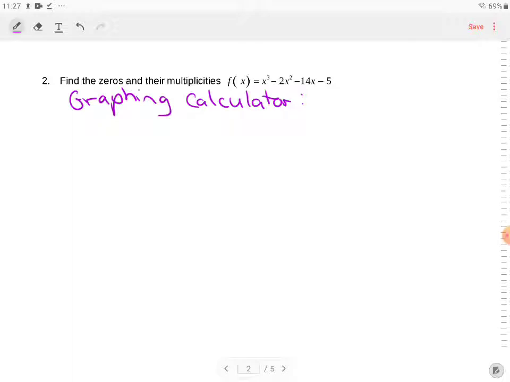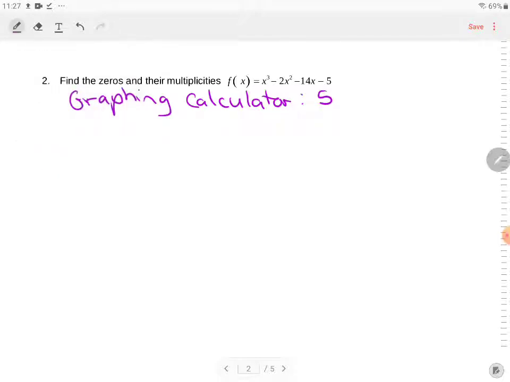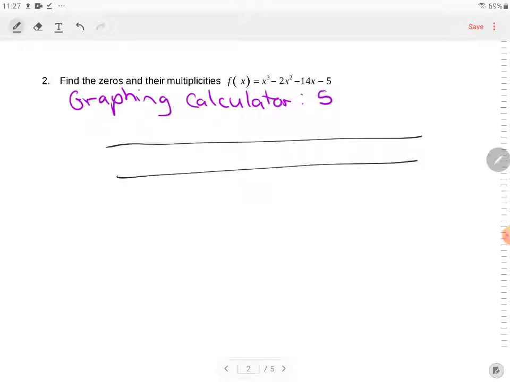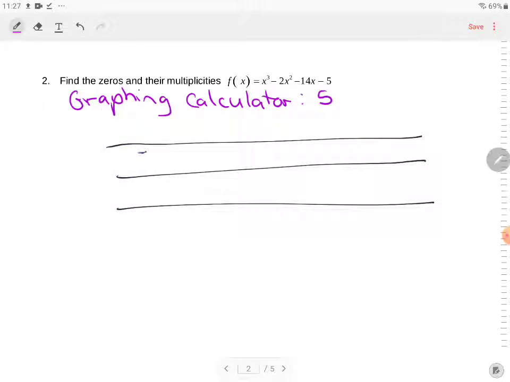Okay, so the calculator gives you the number 5 as a 0. So our next step is to do synthetic division, because if you remember, when it's a 0, the remainder is 0. So I'm going to put a 5 here, and I'm going to use 1, negative 2, negative 14, negative 5. So again, I know my remainder is 0.